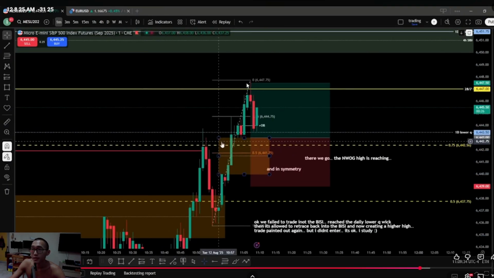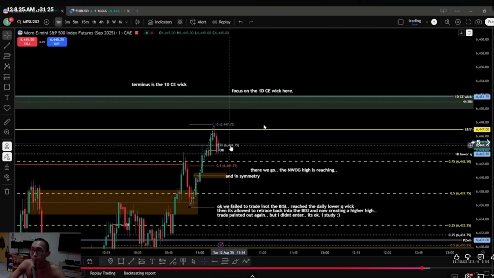Okay, so what I'm measuring right here, if I measure this price leg, what do we have, guys? We have the upper quadrant level, and usually upper quadrant level is the area that price should just spool up. But do we see reaction here? No. So if I want to go long, I have to go long only at discount or below. So if I go long here, it's not high probability at all.